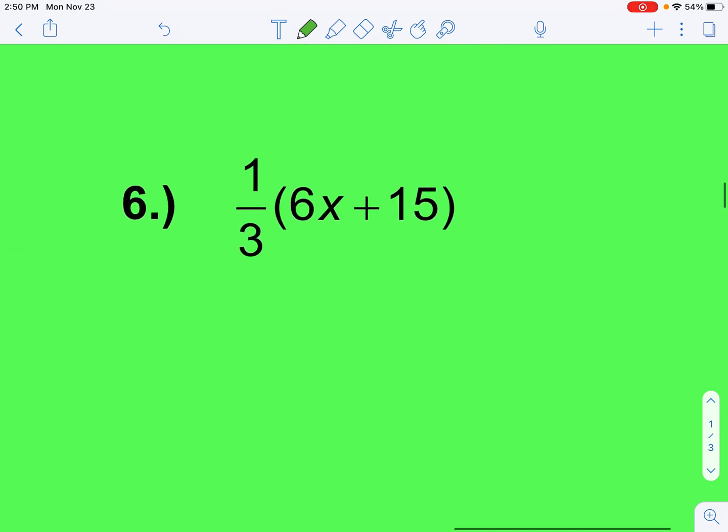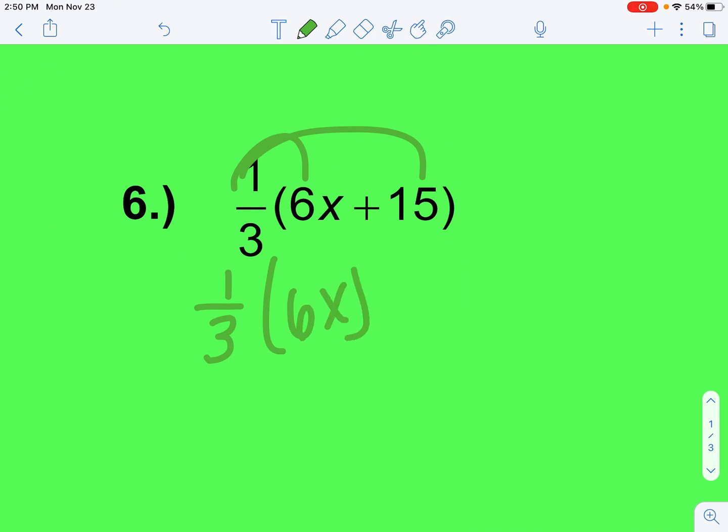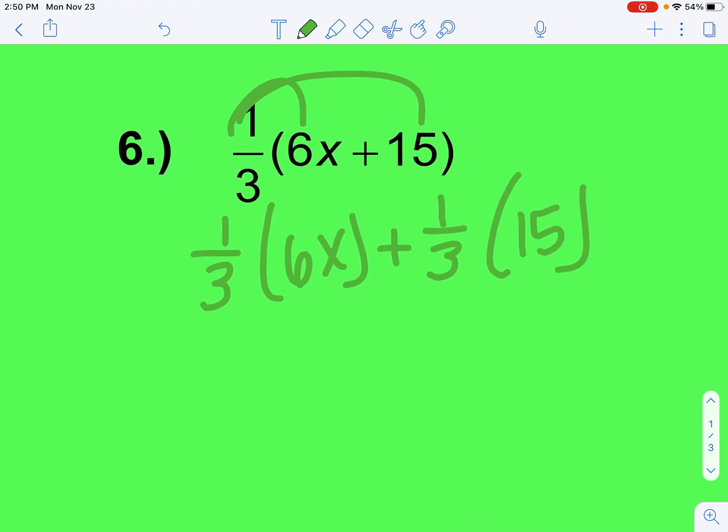Alright, and our last problem. I have 1/3 times 6x plus 15. I'm going to carry this 1/3 over to both numbers. So I have 1/3 times 6x plus 1/3 times 15. This is the tricky one. 1/3 times 6x.